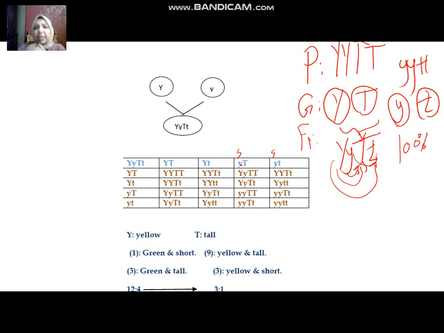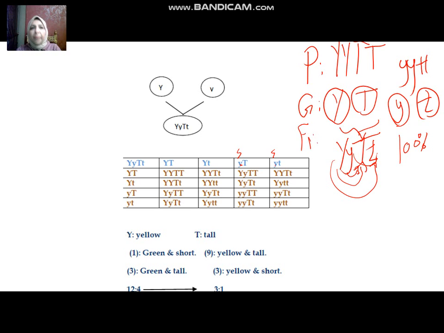For the second individual we have the same type of gametes: Y capital T capital. We will make copulation between the two individuals from this generation. The gametes of the first one are these gametes, and the gametes of the second one are similar to the first, because the two parents have the same structure: Y capital T capital, Y capital T small, Y small T capital, and Y small T small.